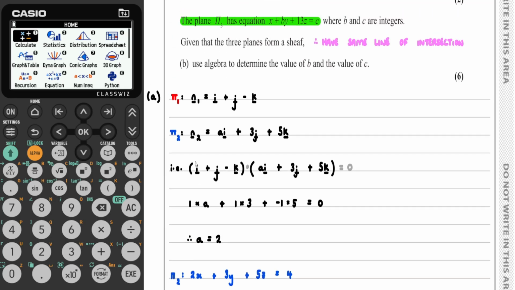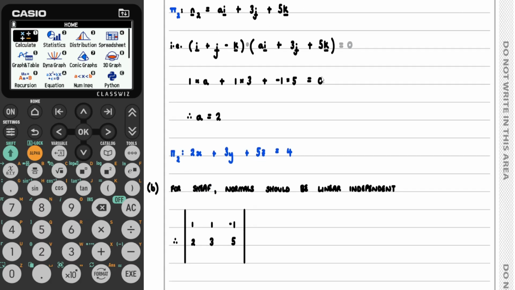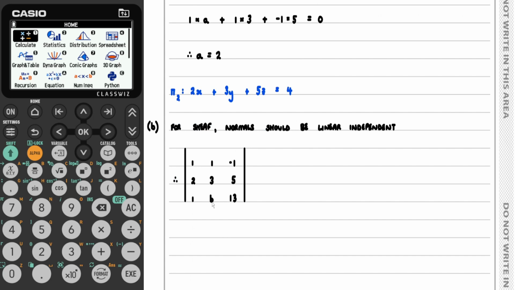And then for the plane pi 3, the normal vector will be given by 1, b, 13, and that will be the third row here. And you can see here we are finding the determinant of this matrix. So this is equal to 0.